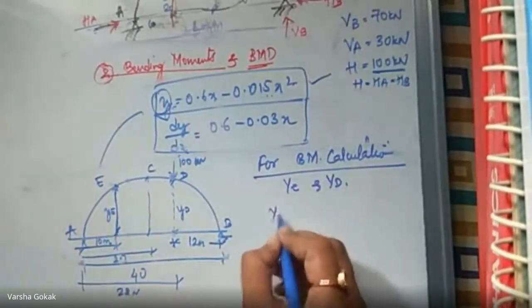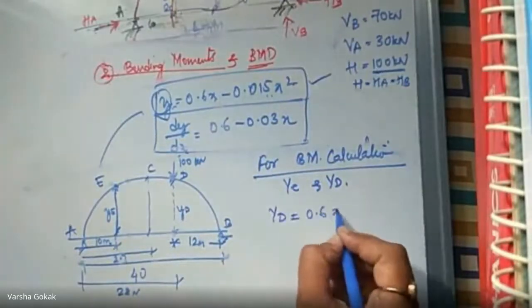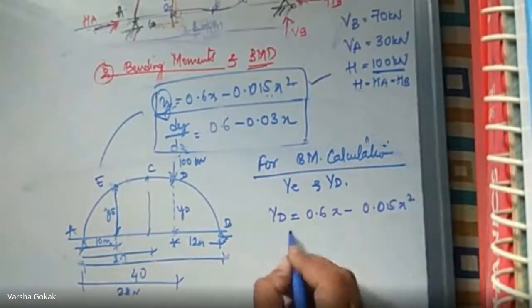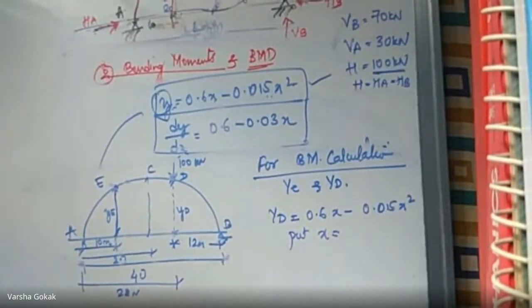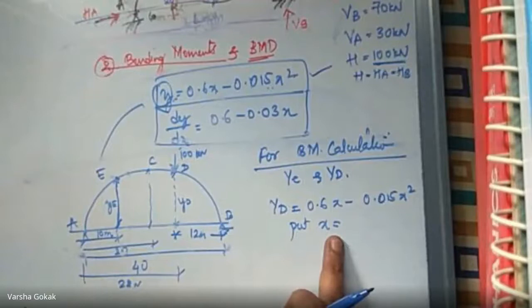So to get YD, I will use 0.6 times x minus 0.015 times x square. What value should I put for x? Tell me. 28. You can put 28, you can put 12 also. Both values will be same.